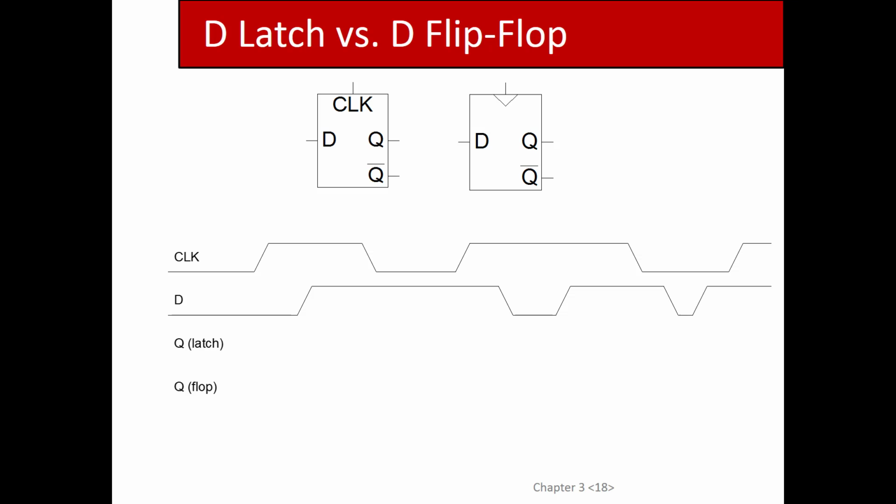So everything else in this whole chapter will assume that we're using flip-flops. So, we cover latches just to say that we covered them, so you understand how you make them and how they behave. But everything from this point on is going to be using flip-flops. Okay, you guys with me?